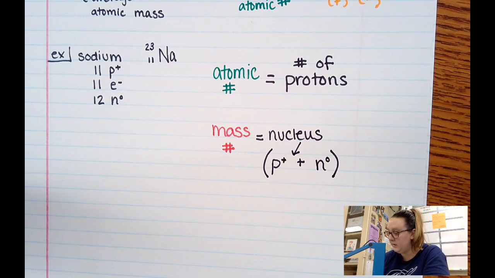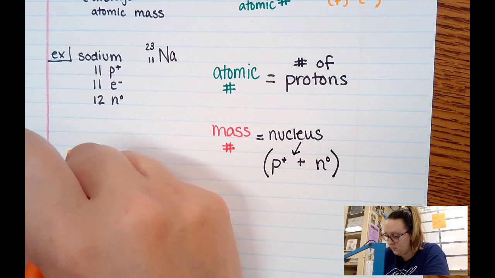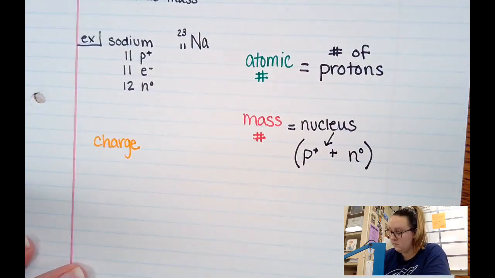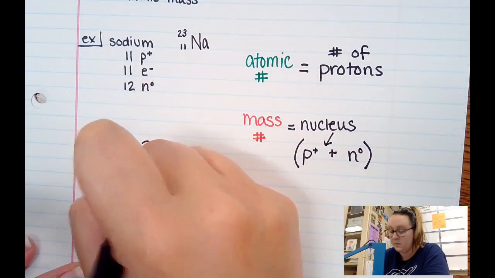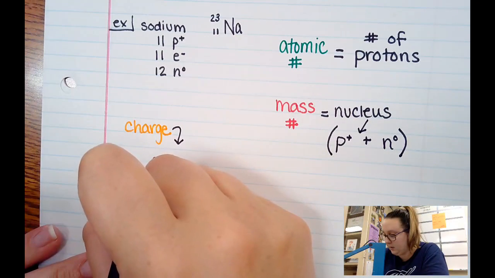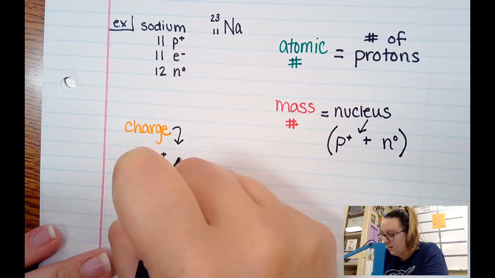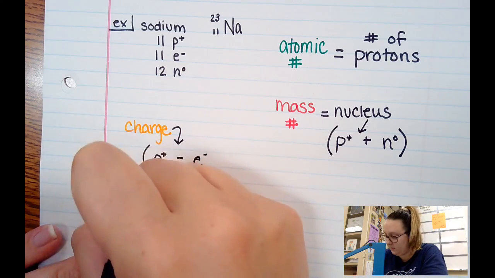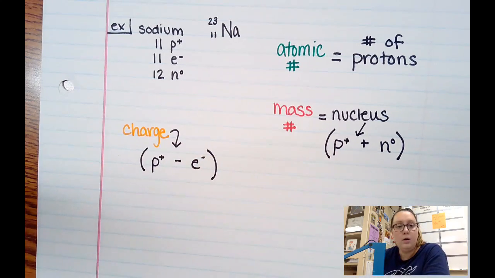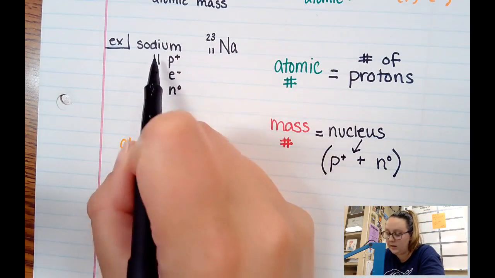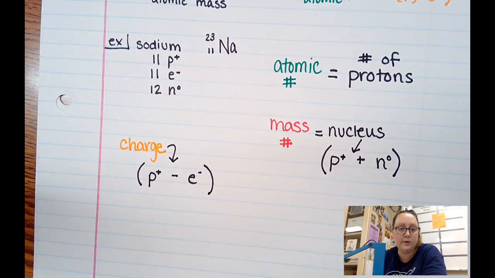How are we going to get the charge? What you can do is take the number of protons minus the number of electrons, and that will give you the charge. But a lot of times with charge, it is just easier to look at it and think 11 positives, 11 negatives, oh, they cancel out.